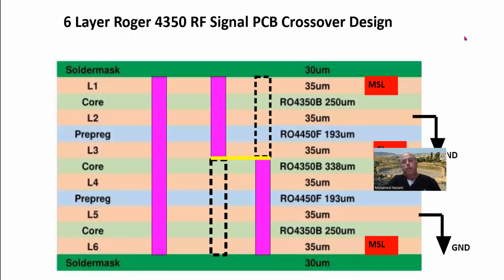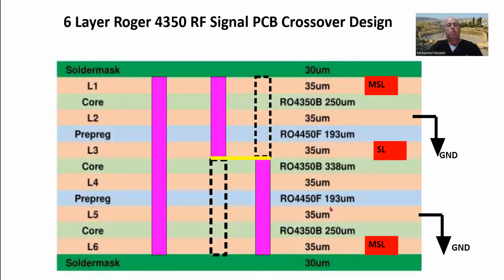First of all, I assumed that I have a case where I have this board, where I came up with the stack layer, which is a 6-layer board in this case. The 6-layer board that I'm using today is basically made of 3 cores of 4350B. And of course, I have to sandwich these, so they're bonded together with 2 prepreg layers, and they're from this material, which is all Rogers.